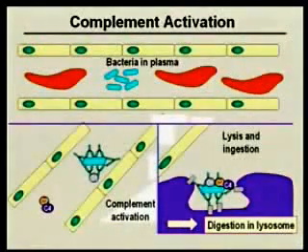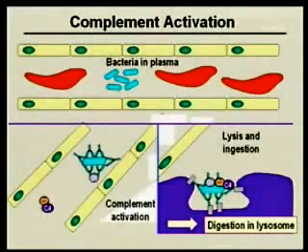And the third example is complement activation. This is a little bit more involved, but the concepts are basically the same. You have a bacteria that is recognized by an antibody, and the bacteria is coated by the antibody. The difference here is that these antibodies are able to bind complement. This initiates the complement cascade, which leads to the lysis of the cell.